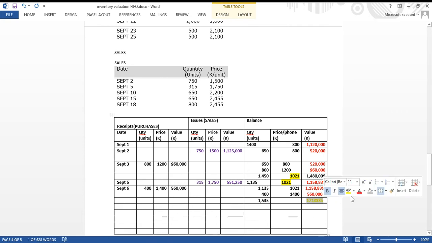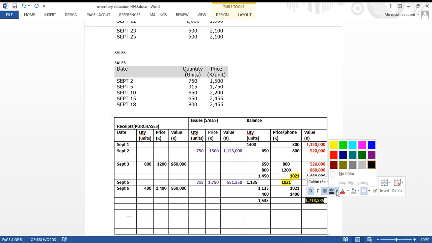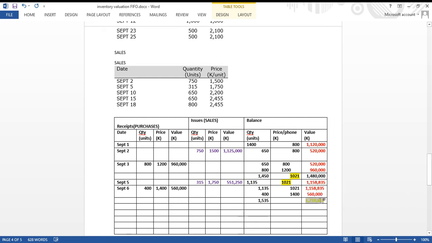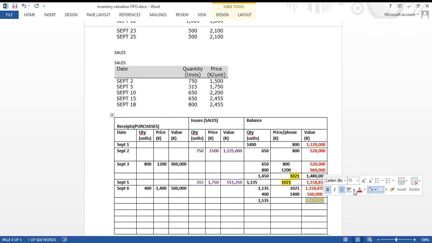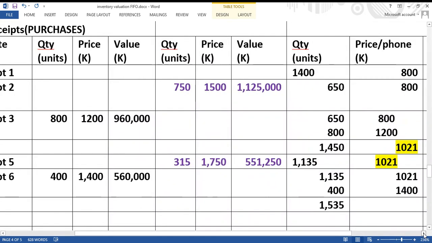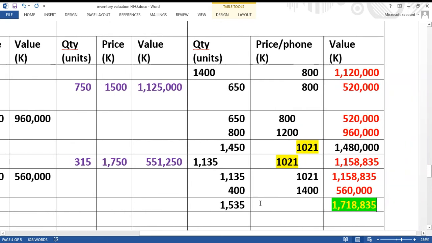So to get our average we divide 1,718,835 by 1,535.